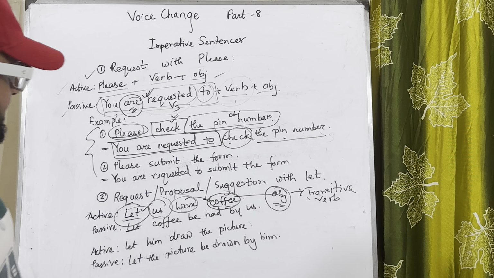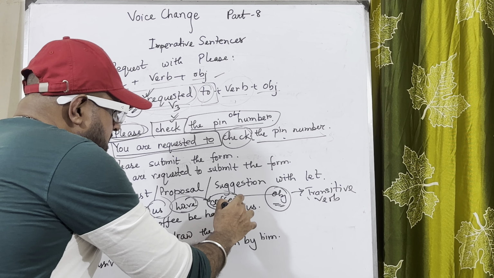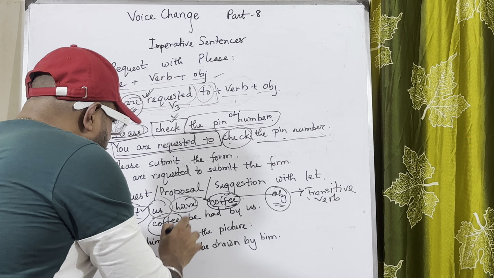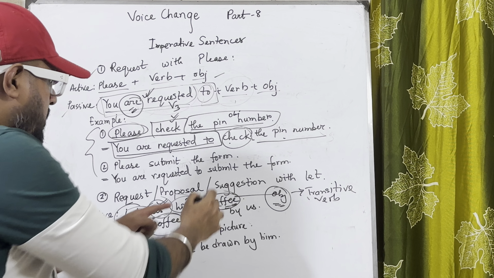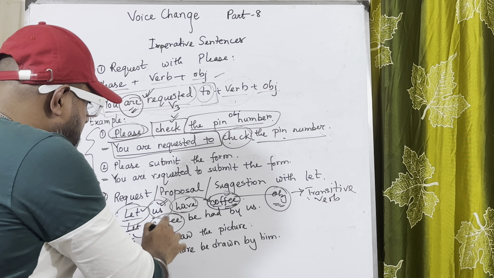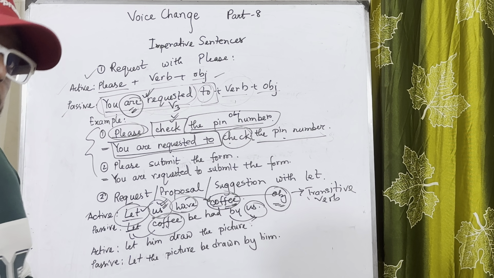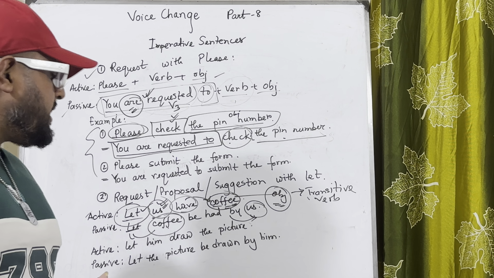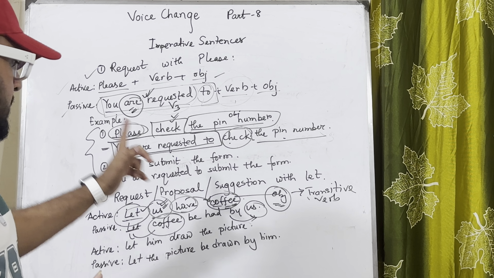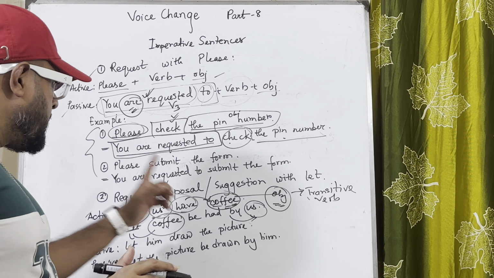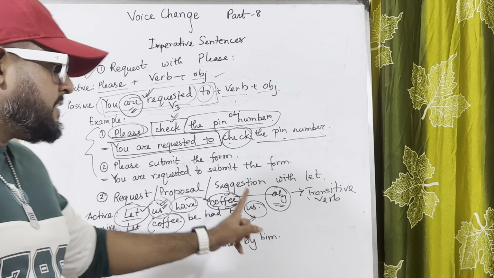So what happens, take a look: we have exchanged the object after the transitive verb with the object that was in my active sentence. So "coffee" came after the word "let", and "us" came after the preposition "by". So: let coffee be had by us. There is no change of "let"; "us" goes after the preposition "by".